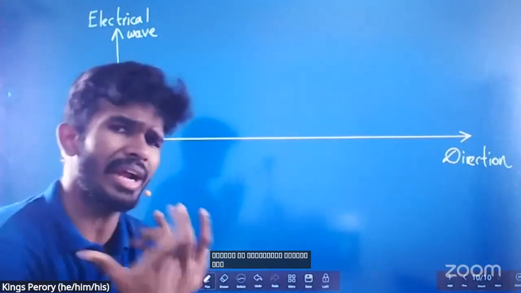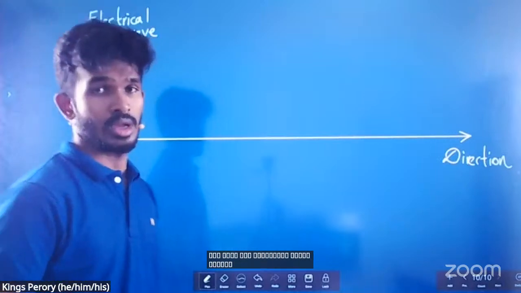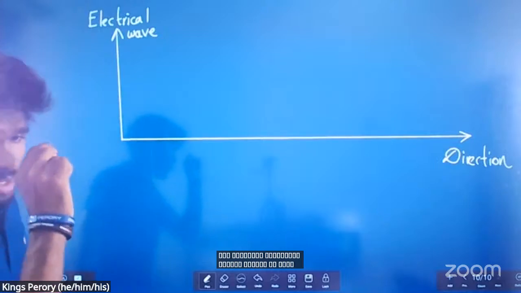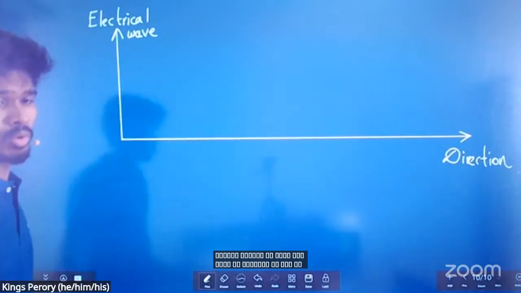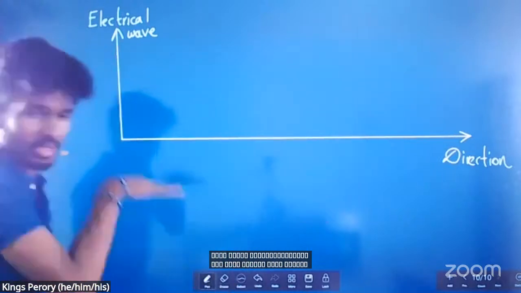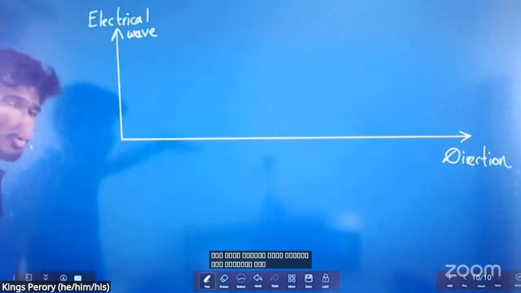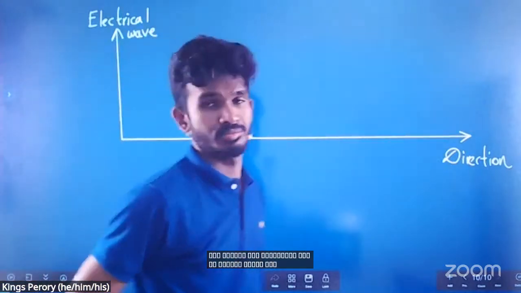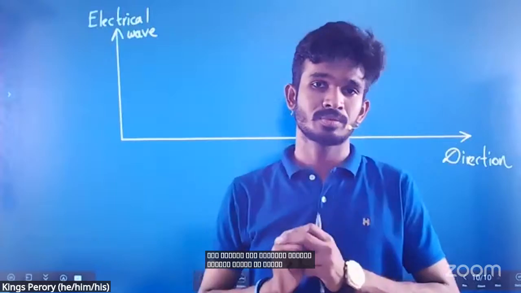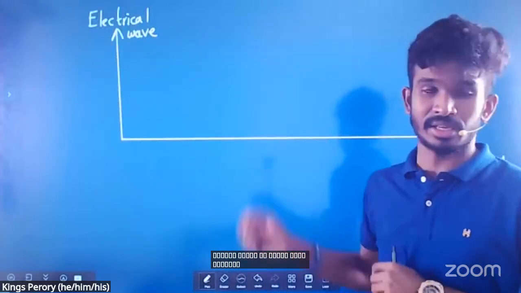Then where is the magnetic wave going to be? The magnetic wave is going to come out of the board and go into the board. It's propagating in an axis that comes out of the board and into the board. Now, until now in maths, you have only learned two axes, no? Y-axis and x-axis.